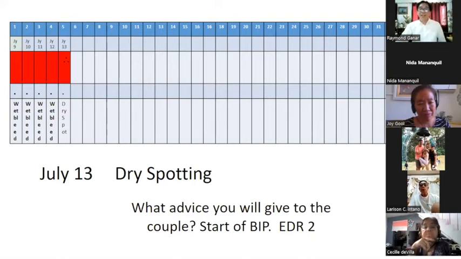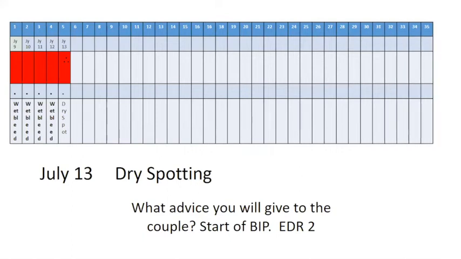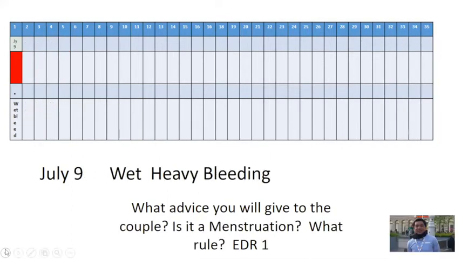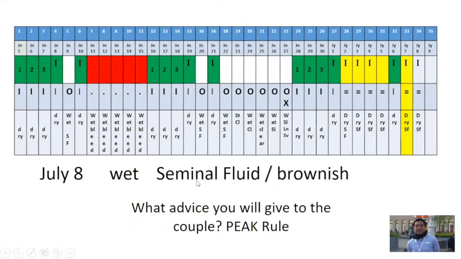Closed. Okay? It is completely closed. No need to count 1, 2, 3. The reason behind we count 1, 2, 3 after July 11 to 15, we count 1, 2, 3 because we are not sure whether these days are menstruation, no? We are not sure. That's why we count 1, 2, 3.